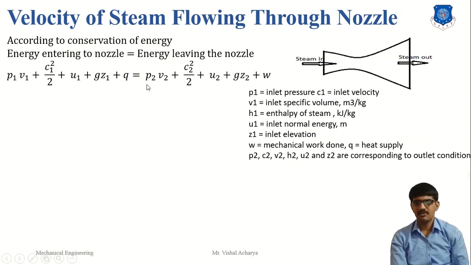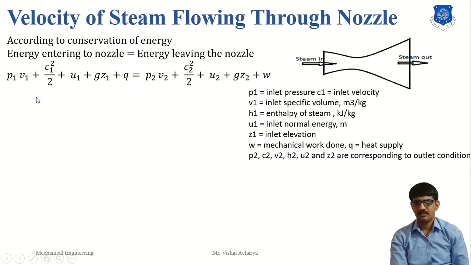Same for the outlet: the outlet flow energy P2 V2, C2 square by 2 is the specific kinetic energy, U2 is the outlet internal energy, gZ2 is the elevation at the outlet, meaning the potential energy at the outlet, and W is the work obtained from the nozzle.